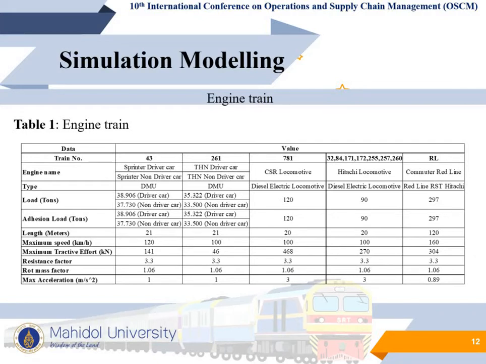The freight train has a speed of 100 km per hour, and various parameters that affect train operations are shown in Table 1, such as load, tractive effort, length, and acceleration.